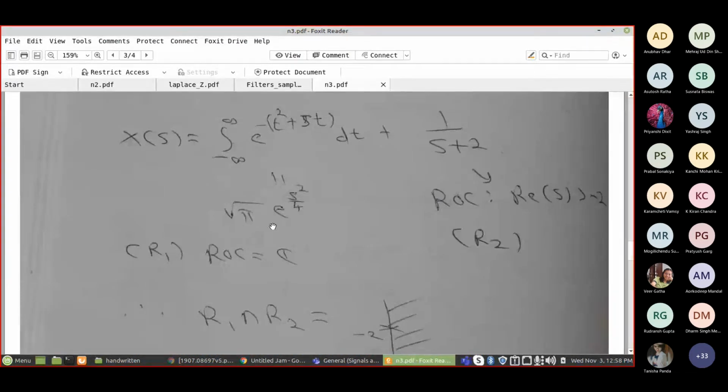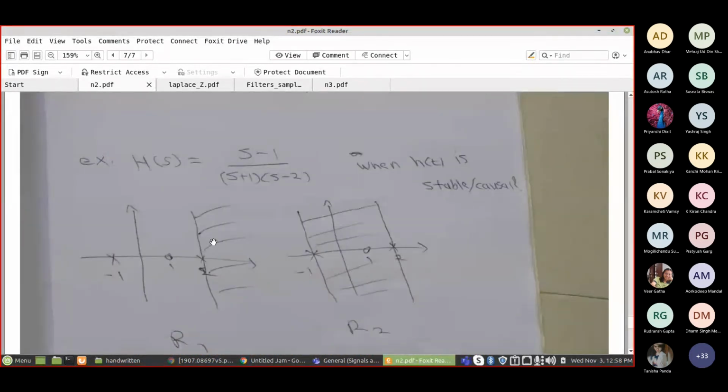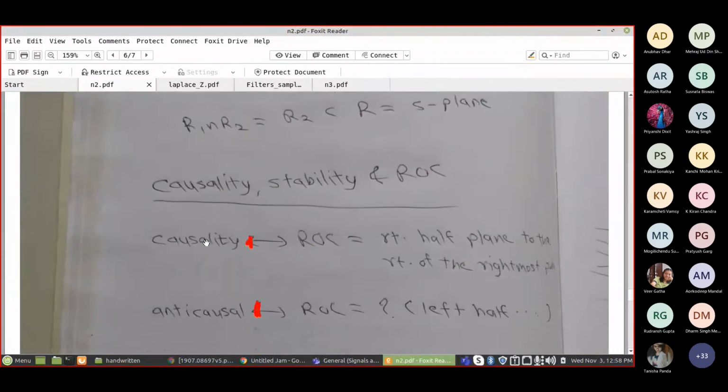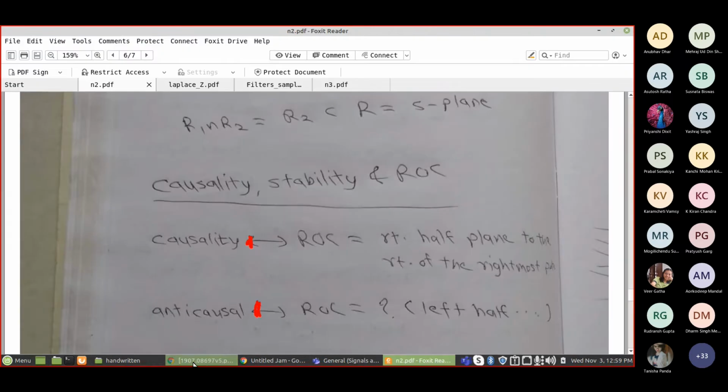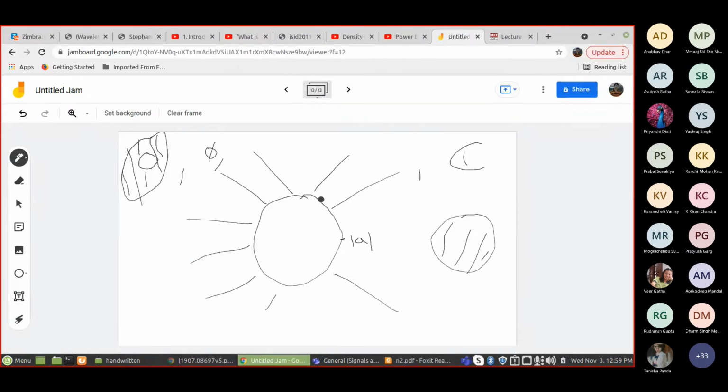Go back here. Okay, so causality will give you an ROC of this kind: everything outside of the pole of highest magnitude.